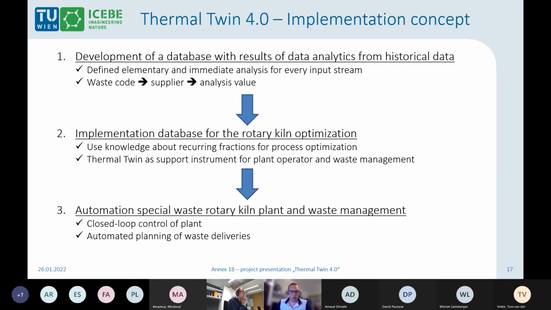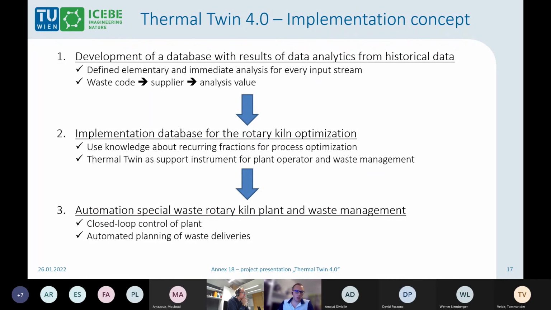And in the third implementation stage, there will be the automation of the rotary kiln plant and the waste management. When we know what combustion behavior most wastes have, it is quite a bit easier to control the plant, and then we can also realize a closed-loop control of the plant, and we can plan the waste deliveries better.